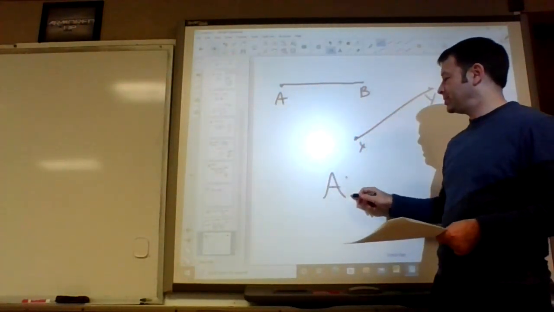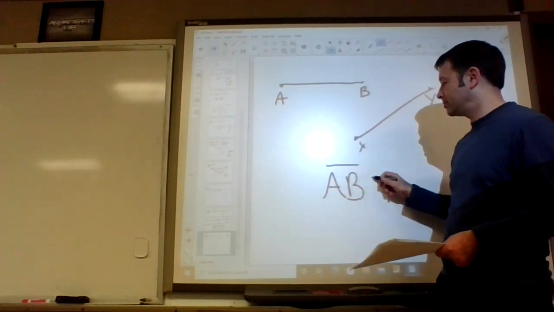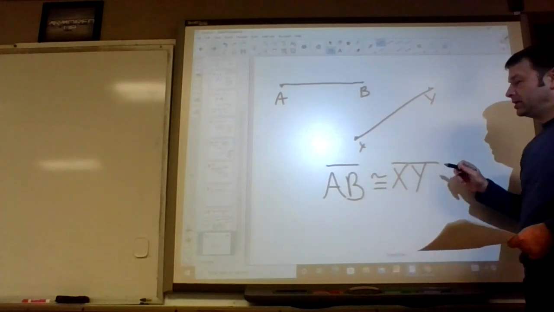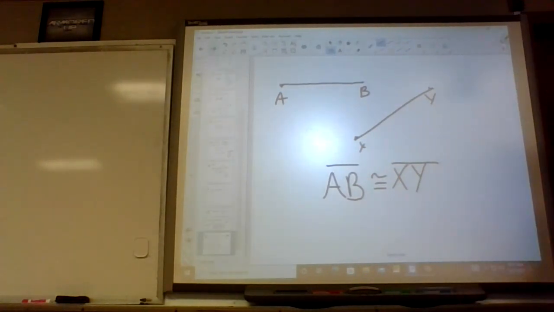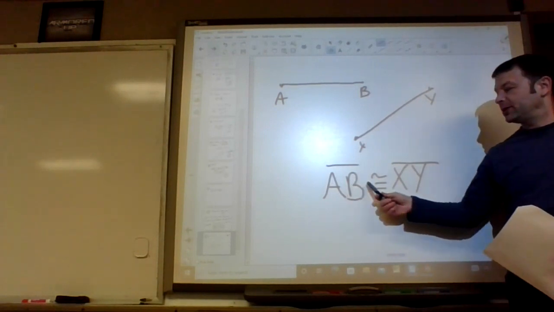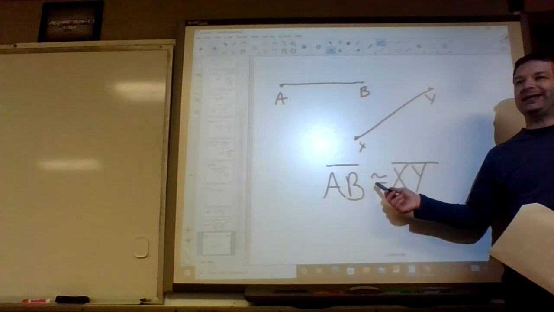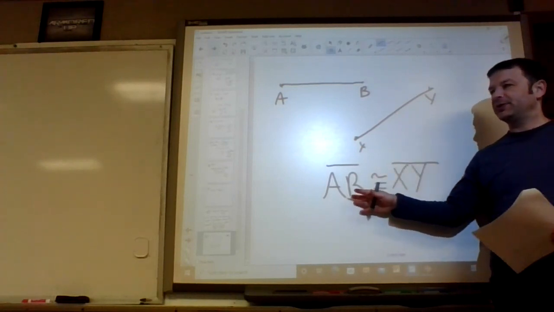What's the difference between equals and congruent? Equals is measurement. Equals is for numbers. And congruent is for things. It means things are the same.